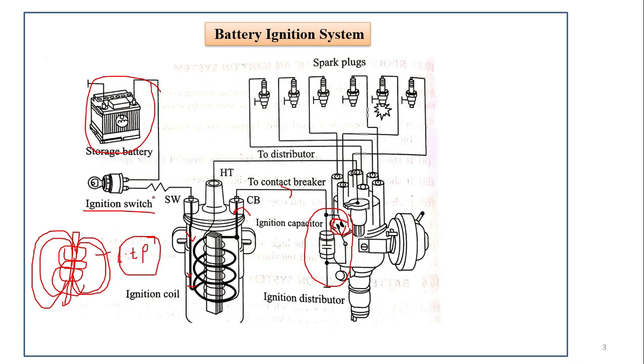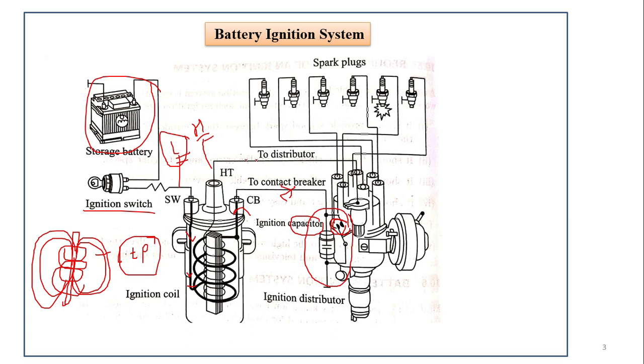In the primary winding, the current or voltage intensity is always very low, and the secondary circuit operates with very high voltage. So the primary voltage is not capable of producing a spark, but when the capacitor is full, the current is reversed and passed to the secondary windings, where the number of turns is more.